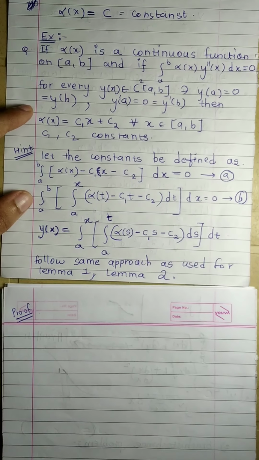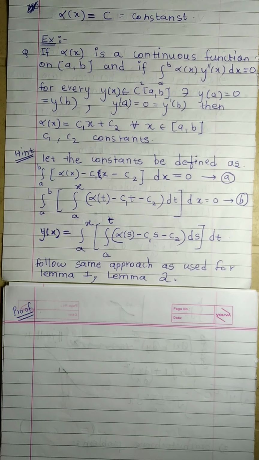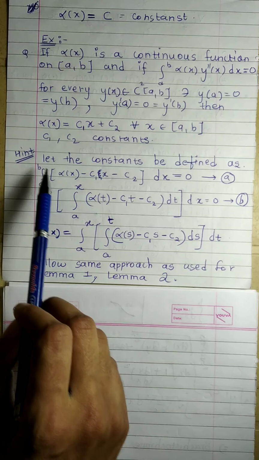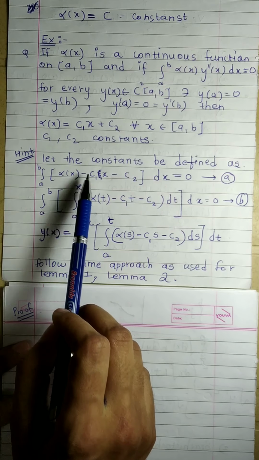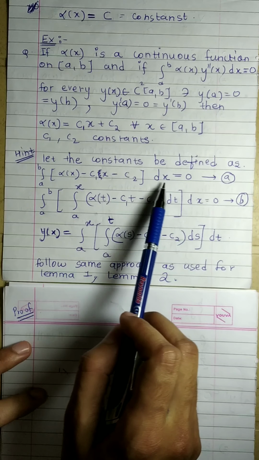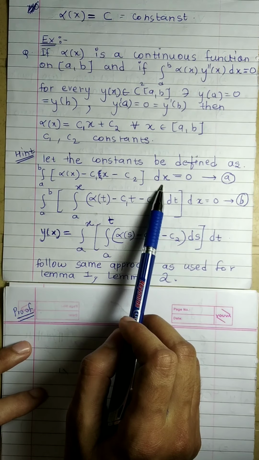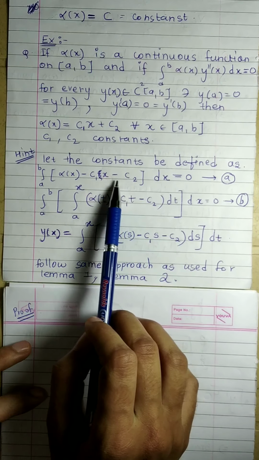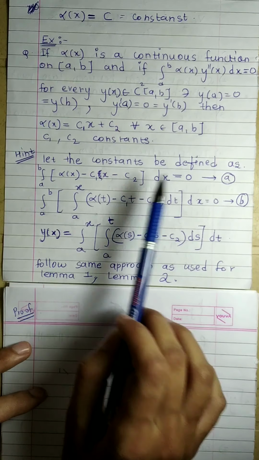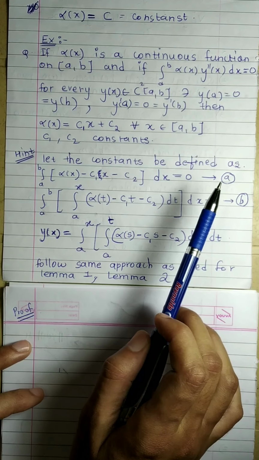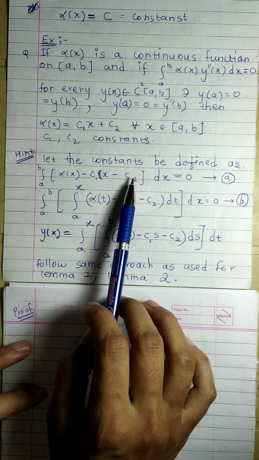Let us take the constants to be defined as this: integral from a to b of alpha of x minus c1x minus c2 dx. If you see here, this will give you the value of the constant c2. How will it give you the value of constant c2?